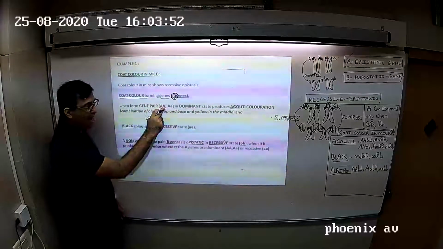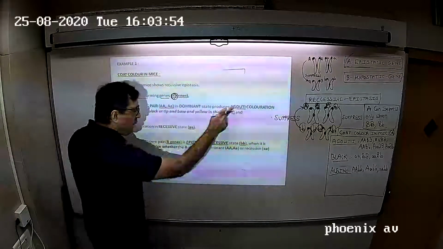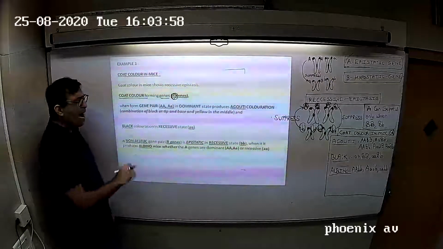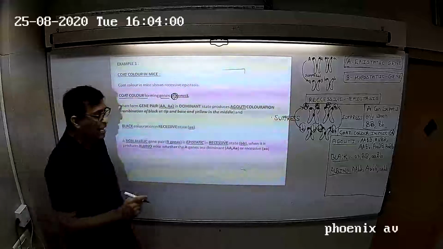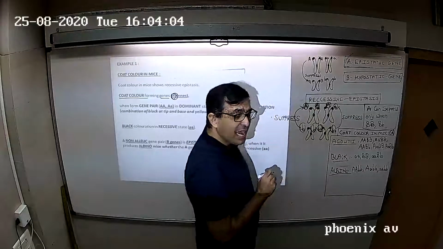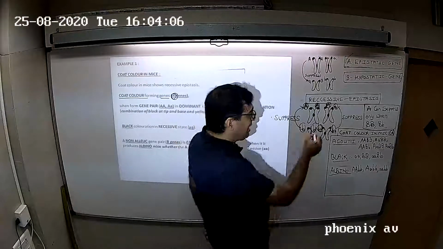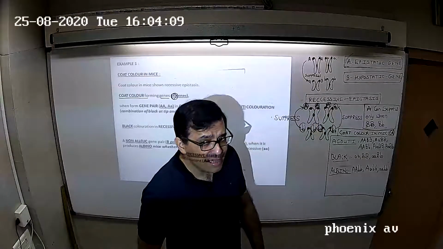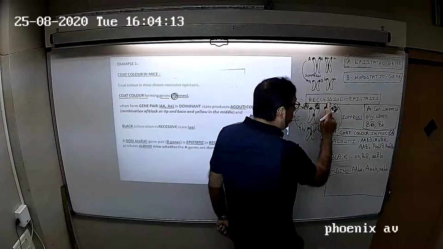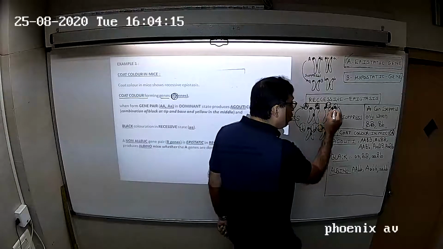So capital A, small a forms agouti color, and small a produces black color. Capital A will produce agouti, capital A small a will produce agouti, but small a will produce black.